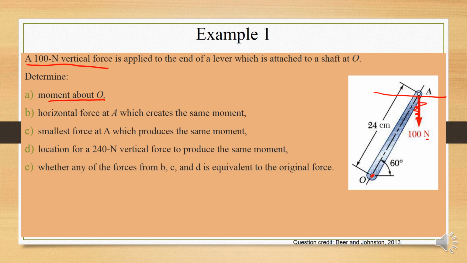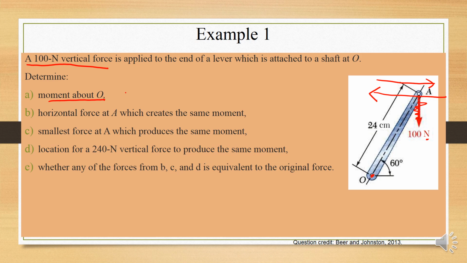But we don't know yet whether the force should be in this direction or the other direction. So how can you check whether the direction is correct or wrong? In order to produce a moment, we should consider that the moment produced at A will be the same as the moment produced at B.